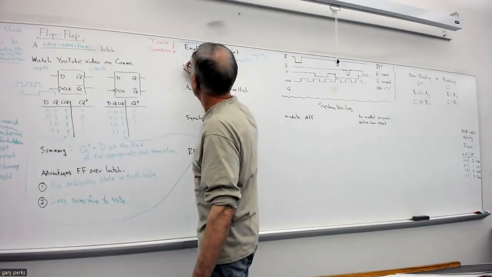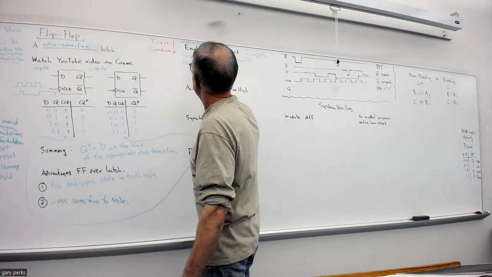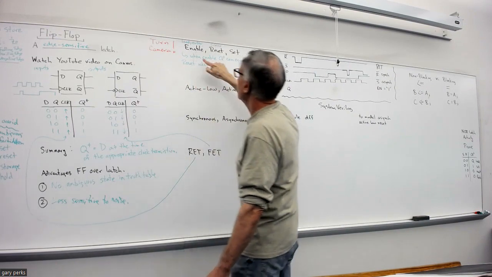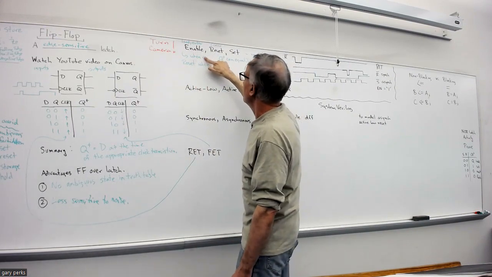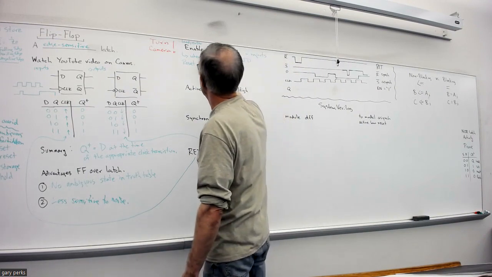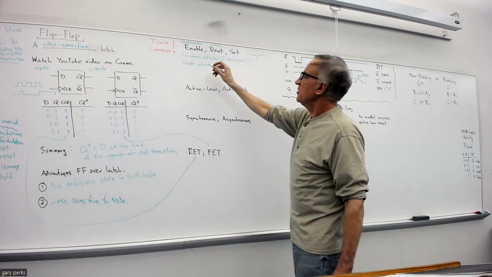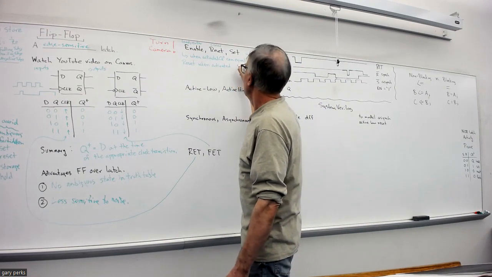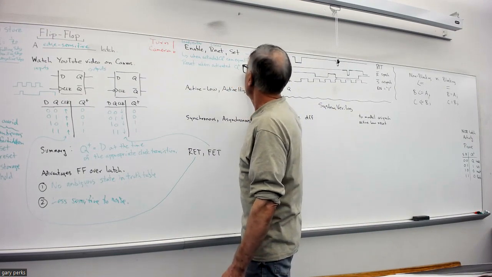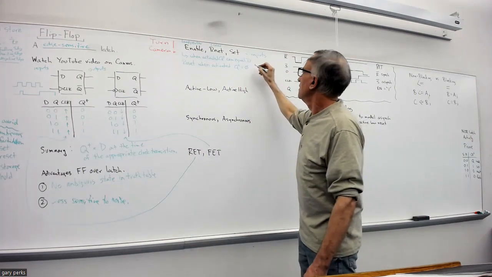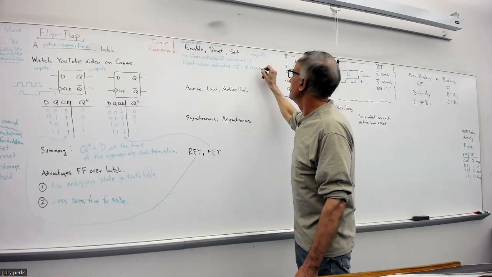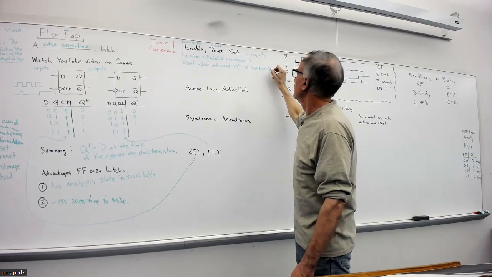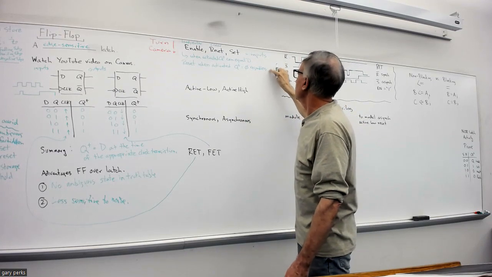Reset. When activated, and I'll talk about how you activate it coming up, reset when activated, next data Q is going to equal 0, regardless of what D is equal to.